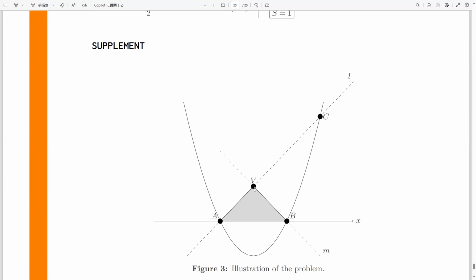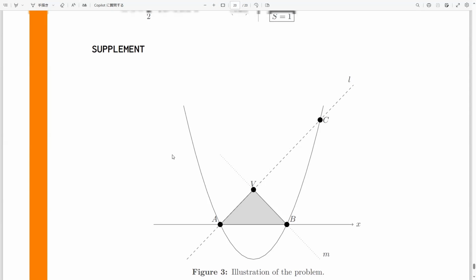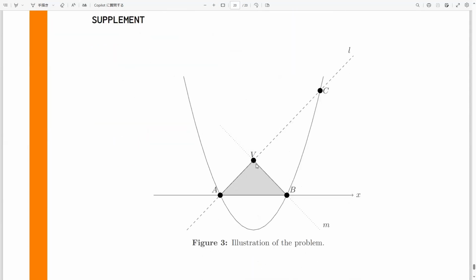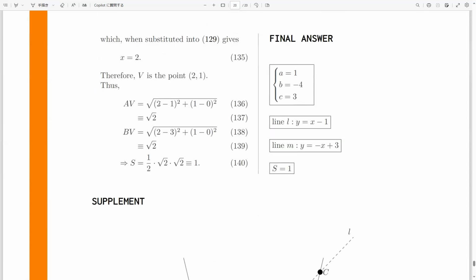You add it to the difference in the y's squared, and then you get a square root. So that's going to be like this. From A to V, so 2, 1, that's V. So 2, that's the x for V. 1 is the x for A. So 2 minus 1, you square that, plus this is the y for V, and this is the y for A. And then you square that again, you add them together, you get a square root.